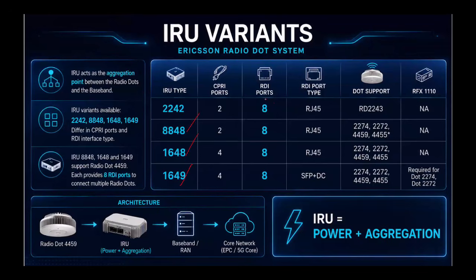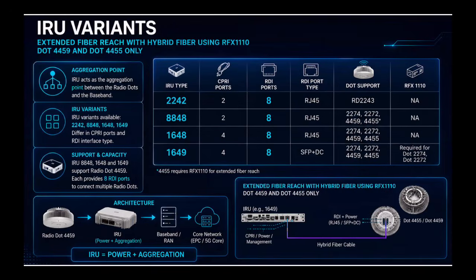You can see that they can support a maximum of 8 R dots, right? And for our radio 4459, these IRUs can be helpful. The 2242 doesn't support our radio 4459, which is for CBRS. So this is the basic structure for the R dot.